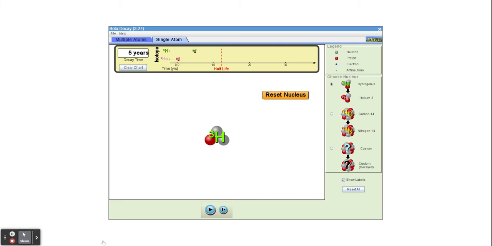So just to recap, when we look at radioactive decay, the word decay is the process.